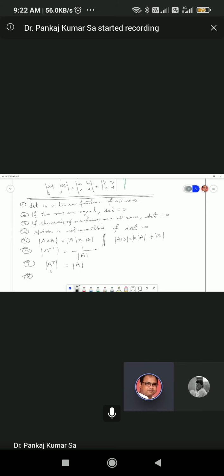Number 8, determinant of diagonal matrix. Let me write it as D. So what is that? Determinant of diagonal matrix is the product of diagonal elements.